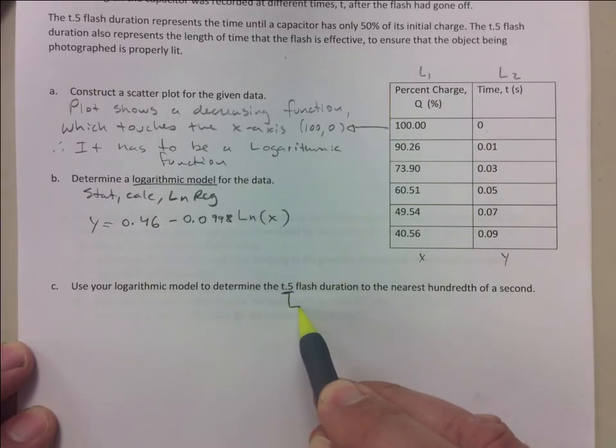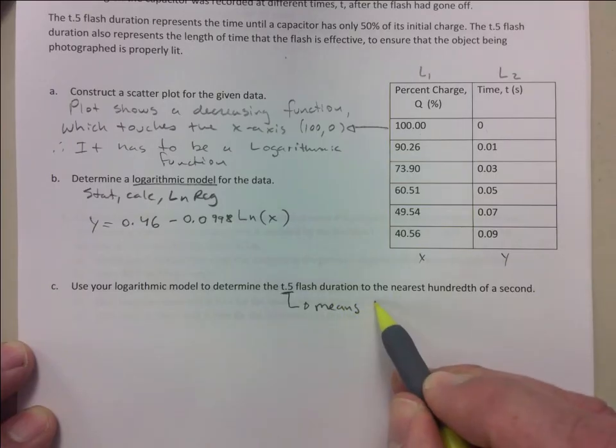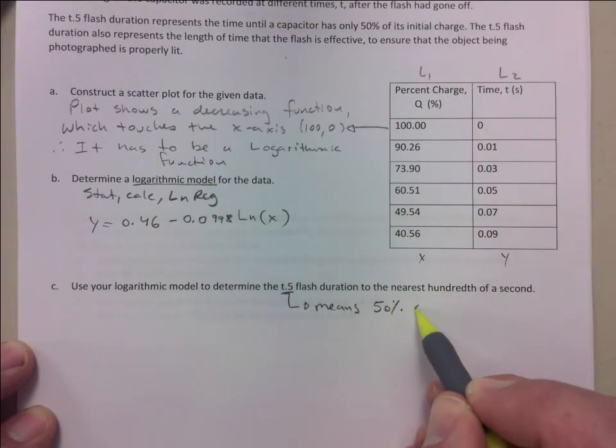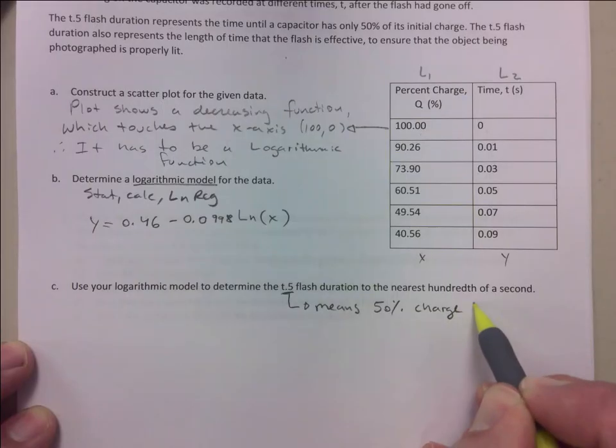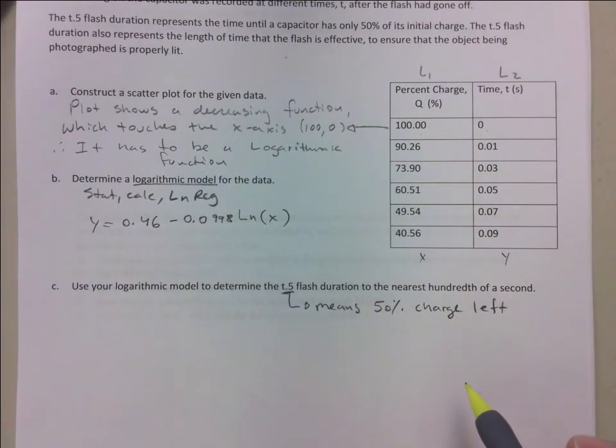T50 means 50% charge left. Anybody into photography? Does this mean anything to you, the capacitor?